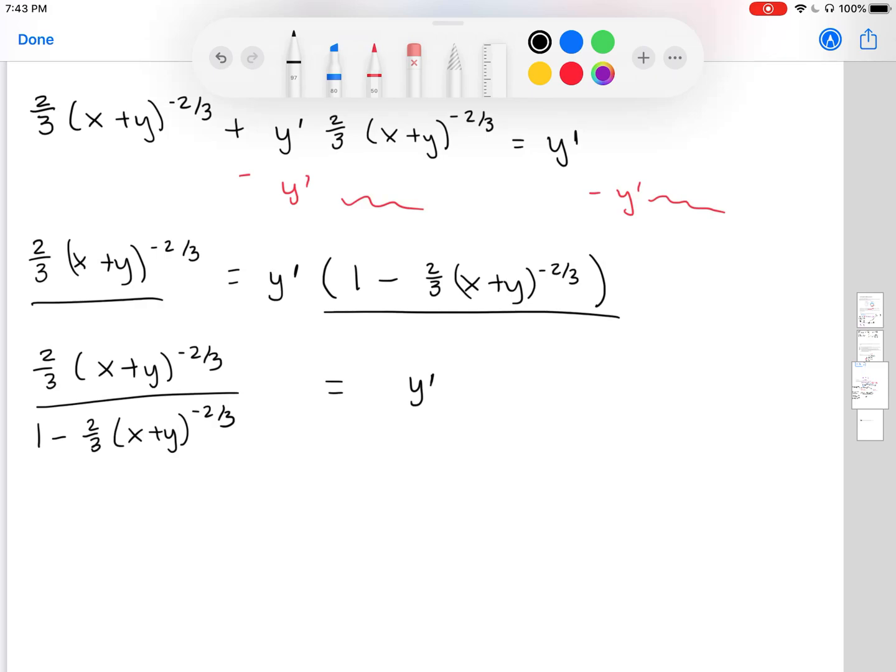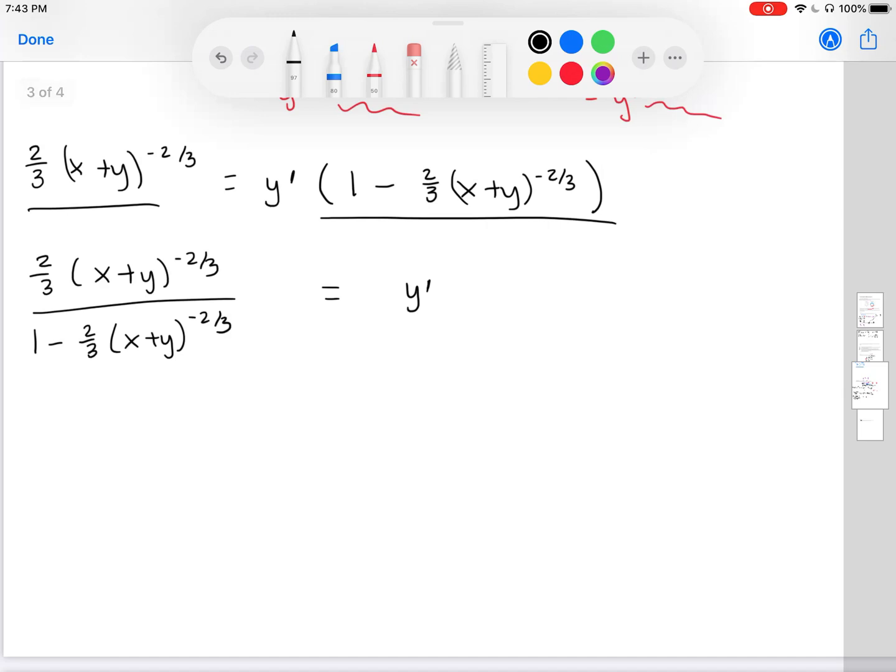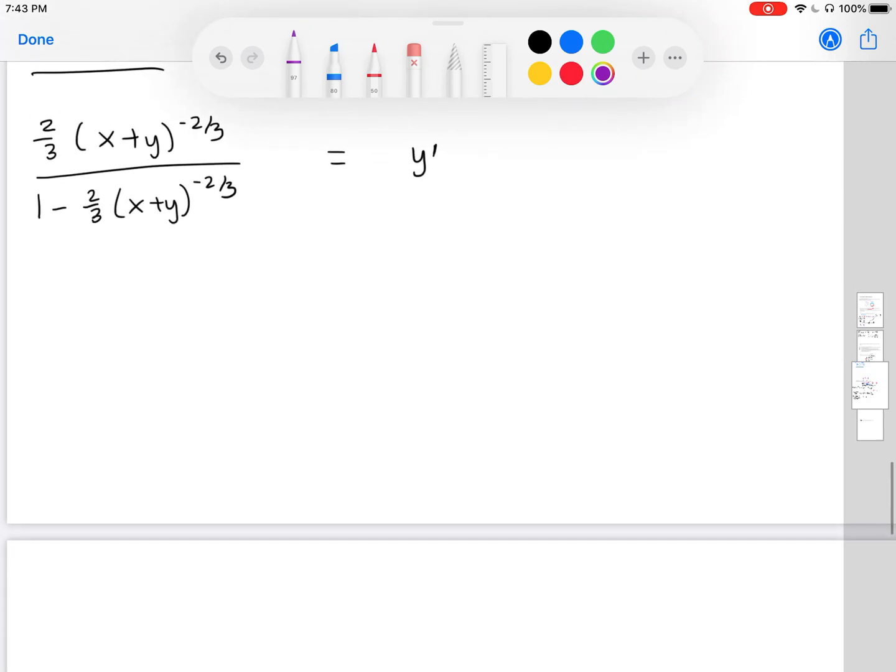Okay, now we can try to clean it up if we would like. So let's deal with that negative 2/3 power. We have two terms being divided.